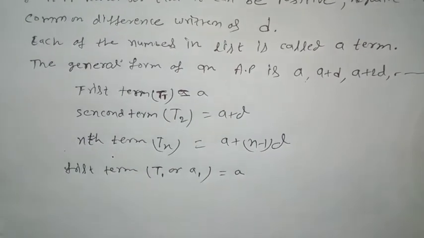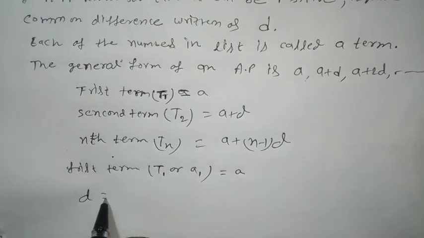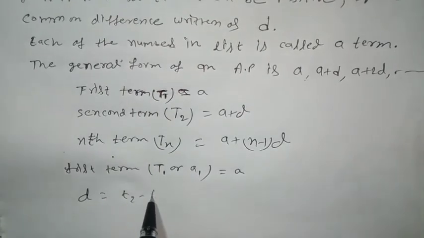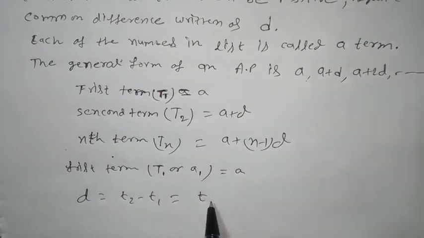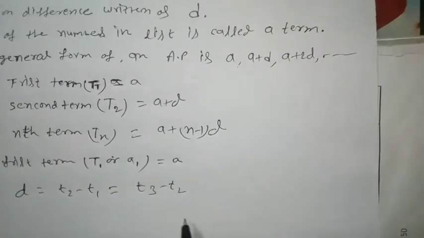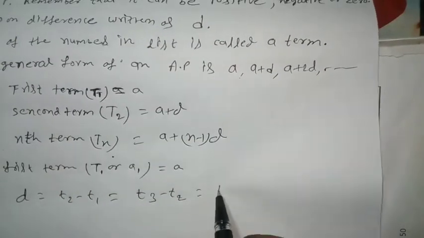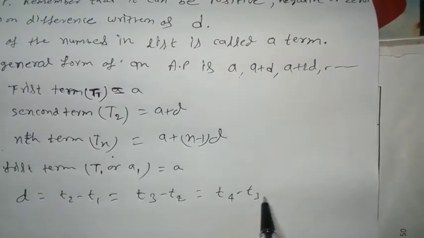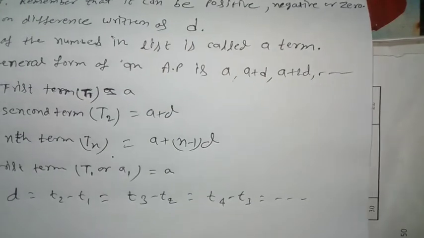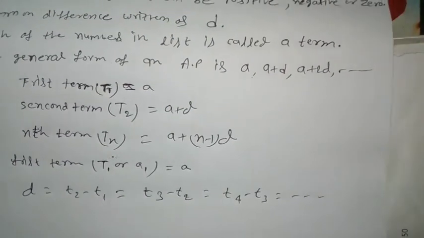Now common difference D is equal to T2 minus T1, is equal to T3 minus T2, is equal to T4 minus T3, and so on.